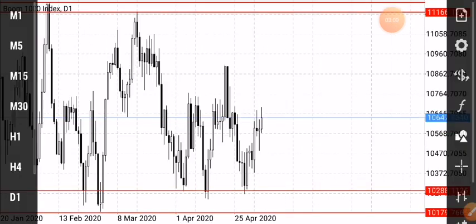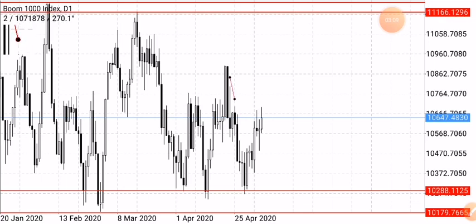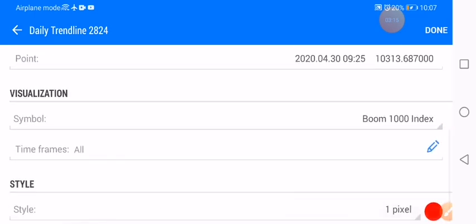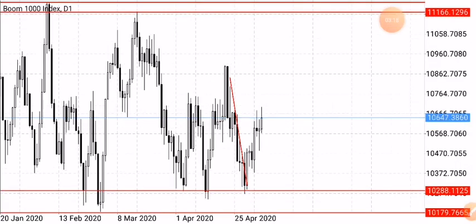Looking at the daily, what has been happening is that price came, let me get my trend lines, let me make it a little bit thicker, at probably 3. So this was a movement of price.